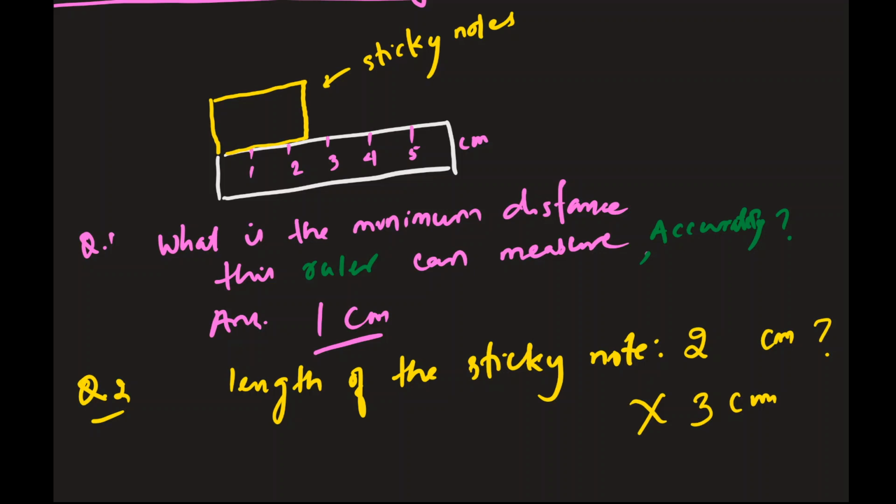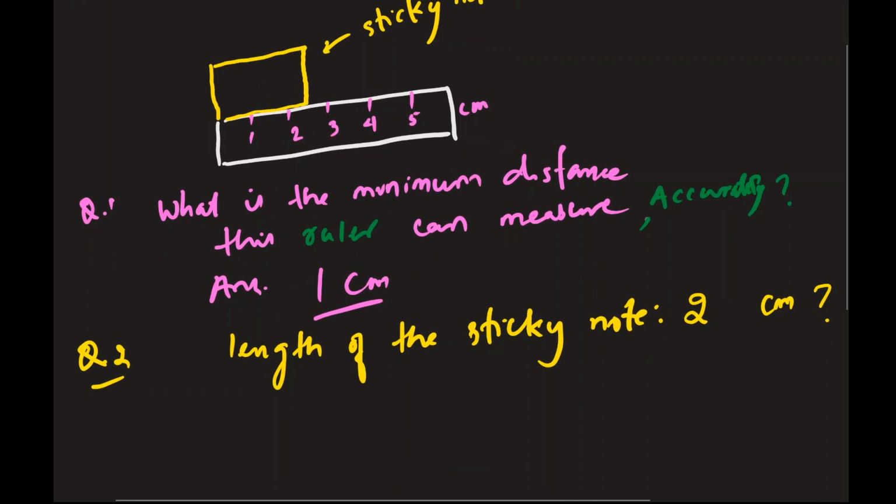So every time you measure a number, you have to add one extra digit as an estimation. So first, you're absolutely sure that it is above 2 centimeters. Then you add one guessed digit.